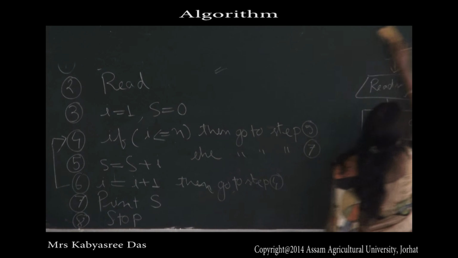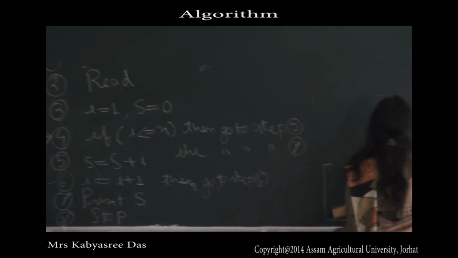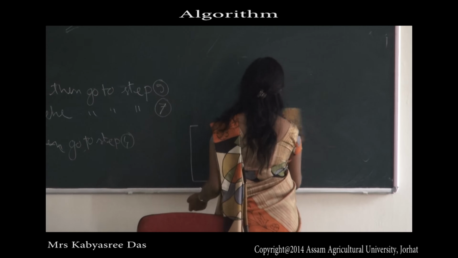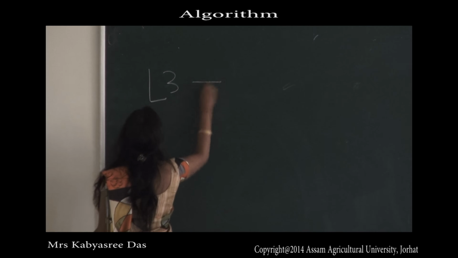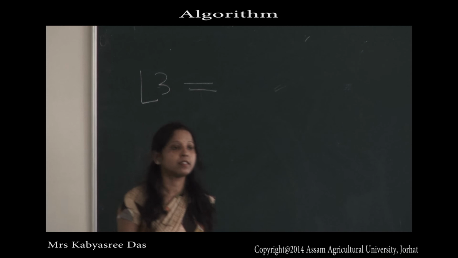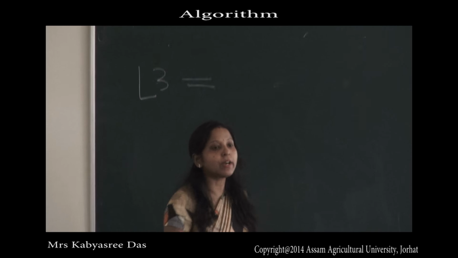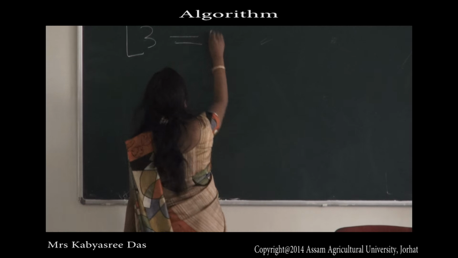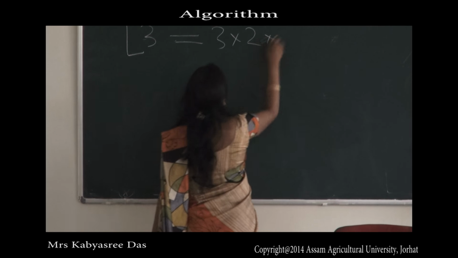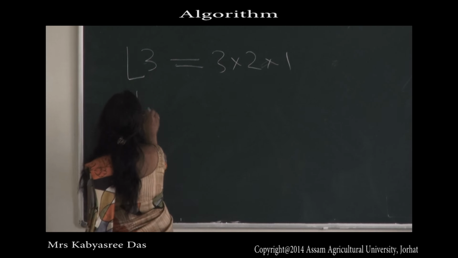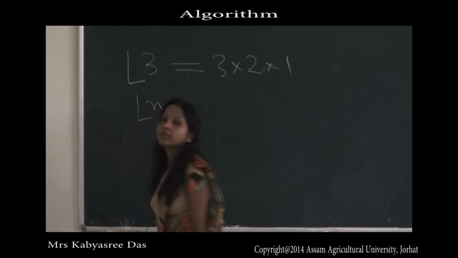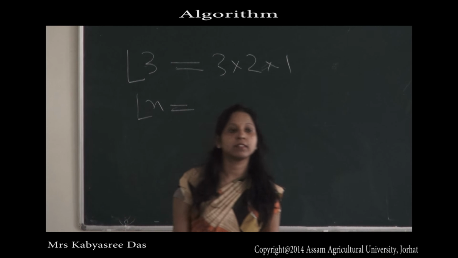What is the factorial of a number? For example, 3 into 2 into 1. What is the factorial of n?